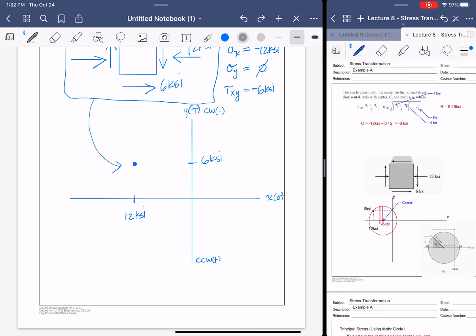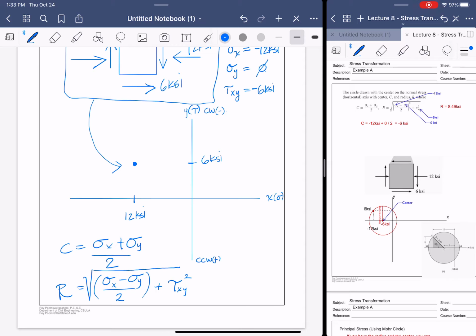Center is equal to sigma x plus sigma y over 2, and the radius is equal to the square root of (sigma x minus sigma y divided by 2) squared, plus tau xy squared.